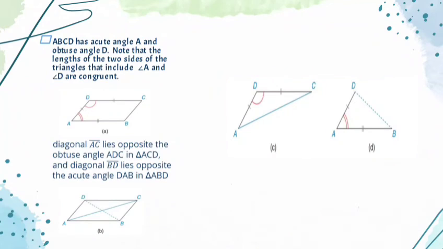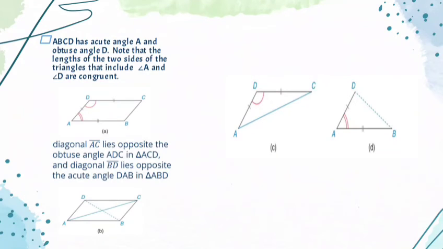In figure 4.7b, diagonal AC lies opposite the obtuse angle ADC in triangle ACD, and diagonal BD lies opposite the acute angle DAB in triangle ABD.